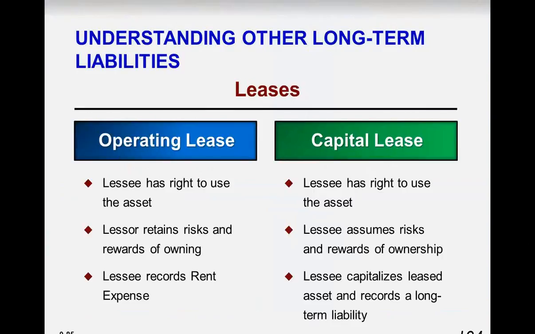With a capital lease, the lessee has the right to use the asset, so it's the same. However, with this, the lessee assumes the risk and rewards of ownership. So if there are expenses to the leasehold, then the person who's paying the lease has to fix it, not the owner. And the lessee capitalizes the leased asset and records a long-term liability. Remember, we talked about how we capitalize long-term assets.